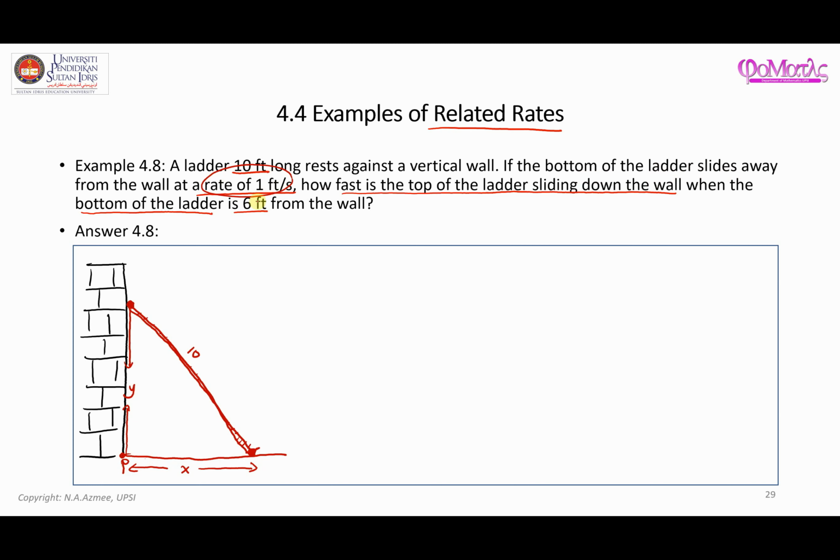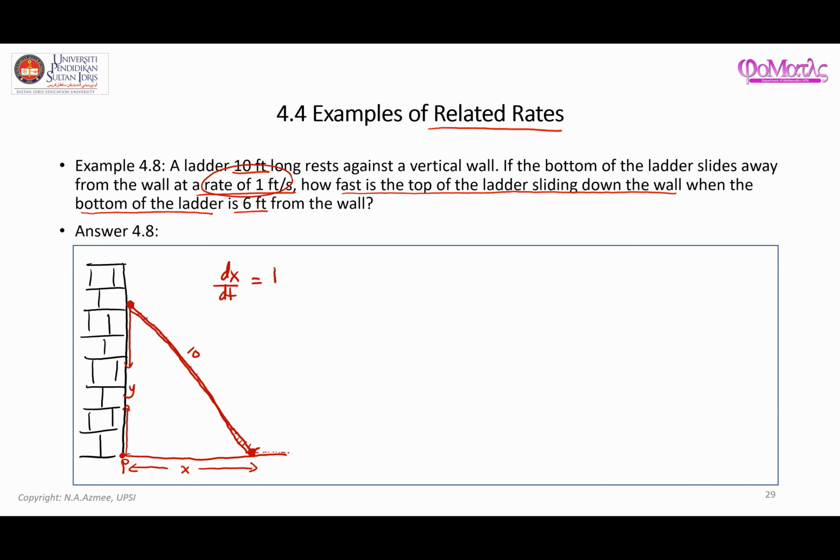So the rate represents the change of distance x when the ladder slides away. The rate can be said as dx/dt, because it represents the change of x, which is 1 foot per second.